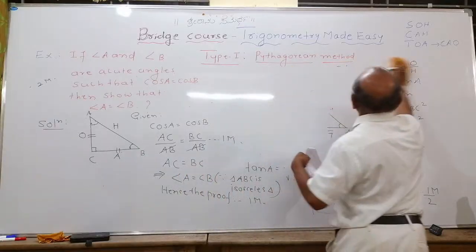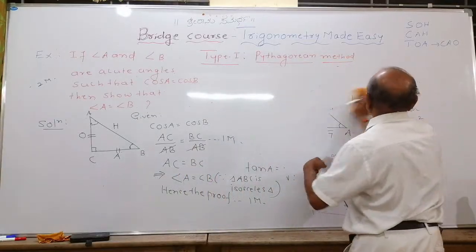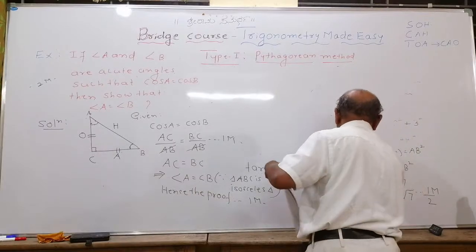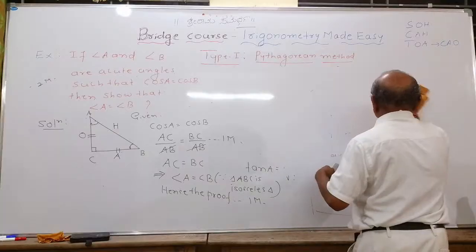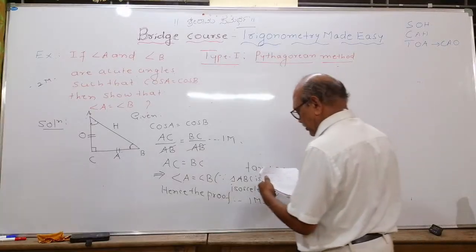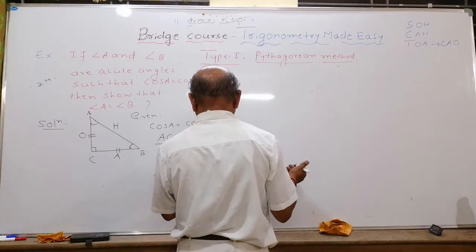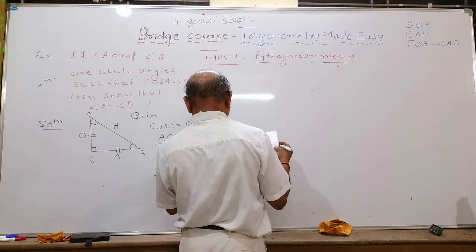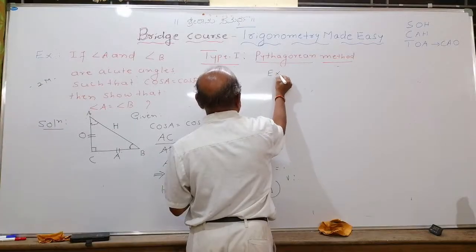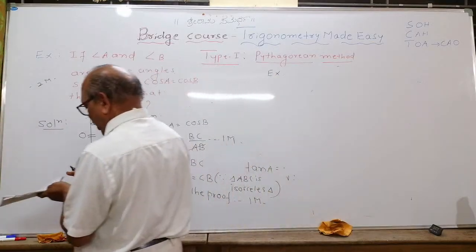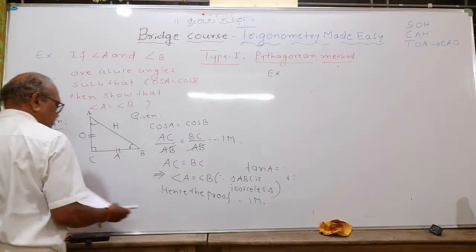Type 1 questions are based on trigonometric ratios and using the Pythagoras theorem. Two sides will be given and another side will be asked. Okay. There is another question. The question is like this, in your NCERT textbook. I will solve only selected questions.